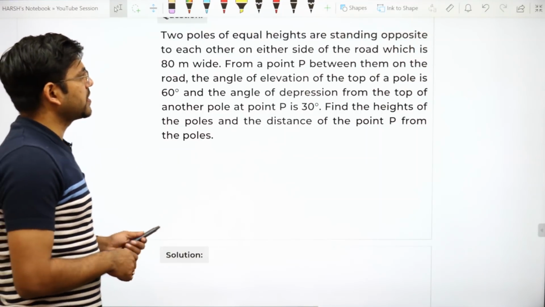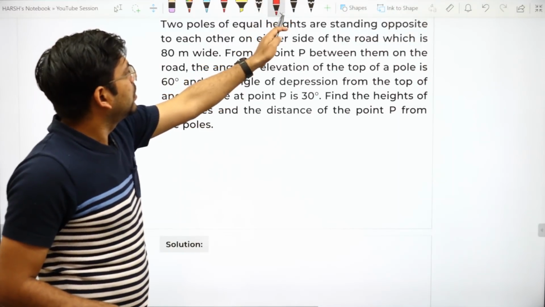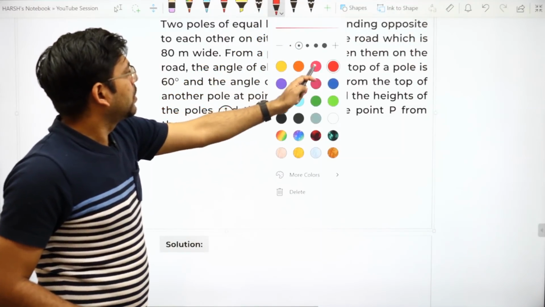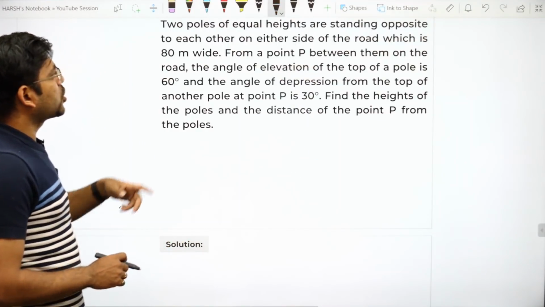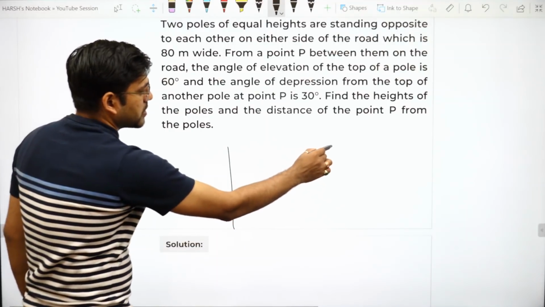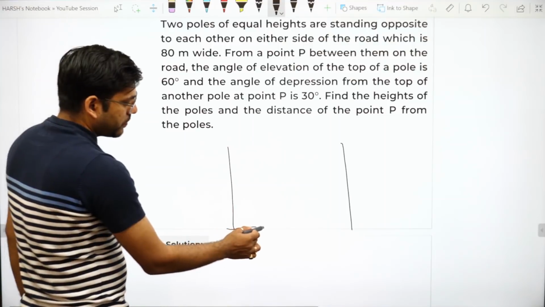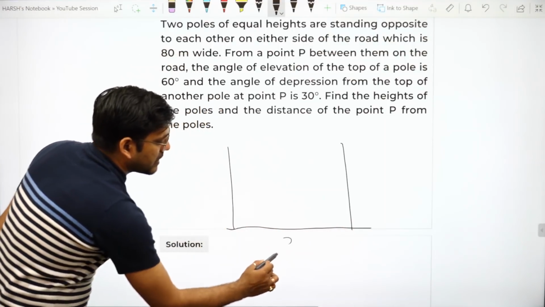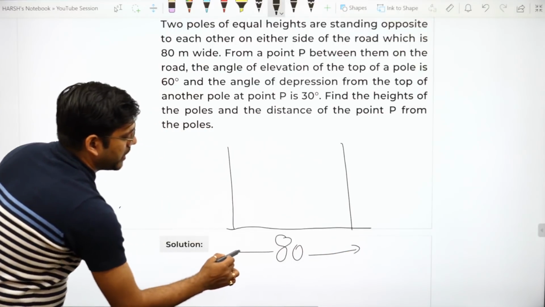Let's see what this question says. It is saying that two poles of equal height, this pole and this pole, are standing on a road. So this is a road and this road is 80 meters, so they are 80 meter wide.